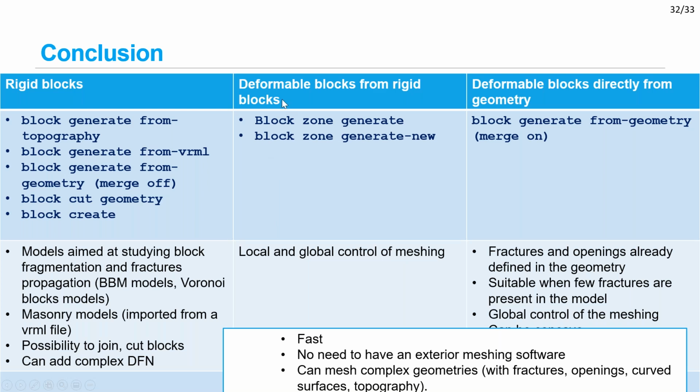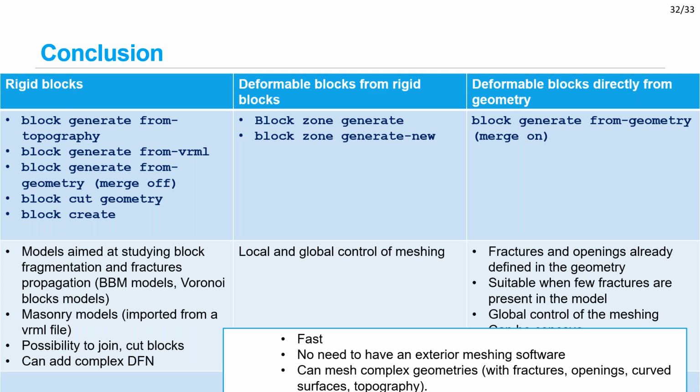We can have, on the other side, models that are, so I'm looking at the right column, deformable blocks that are generated directly from geometry. In this case, we can use the block generate from geometry command with merge on. With this command, we should have the fractures already existing in the geometry, because we will have the meshing as an output, so we cannot add fractures afterwards.